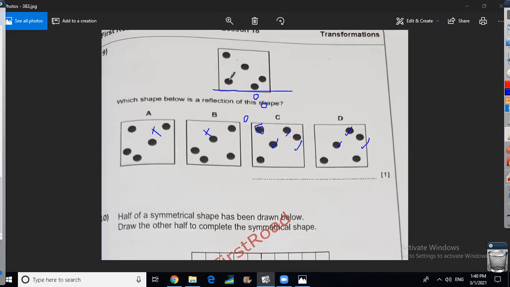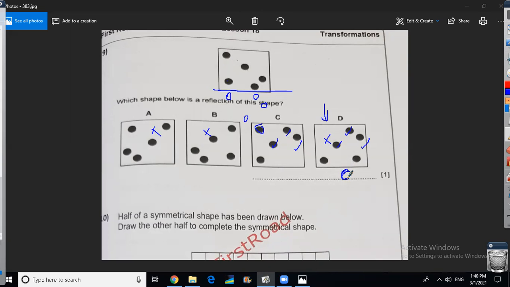Can it be reflected here? Let's take this one down. This point, if I reflect it, is going to be here, which is not there. This is also wrong, because this black circle is not reflected in D, but it is reflected in C. So now C is the correct one.